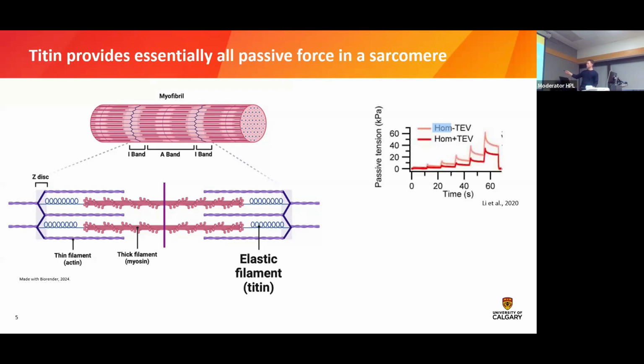You can see a very distinct difference here when they cleave Titin. So Titin is responsible for almost all of passive force. There's a little bit of passive force that is not by Titin, and that comes from other elements, just linking things together. But in general, when we're looking at myofibril passive tension, it comes from Titin. Okay.